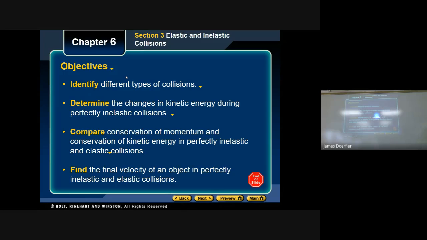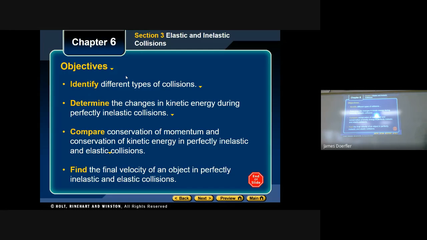In years past, I've done elastic very briefly, and I just usually stick with the inelastic, okay? And then call it the quits on when we get to that last part of the inelastic. We're going to compare conservation of momentum and conservation of kinetic energy in perfectly inelastic and elastic collisions. So that one right there.